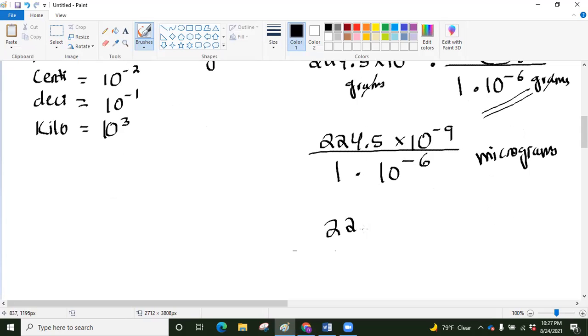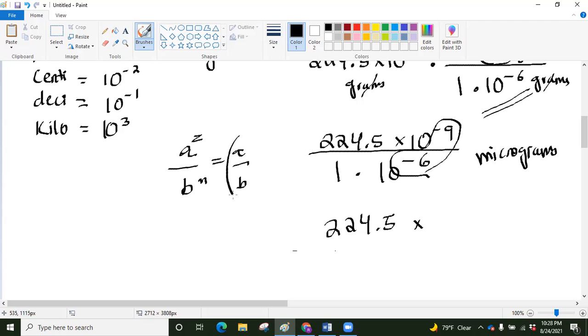So you could have 224.5 in your answer, as you naturally would think, except you just subtract the exponent. So when you divide, if you remember your exponent laws, a over b, and you have z here and n here, this will equal a over b, z minus n.